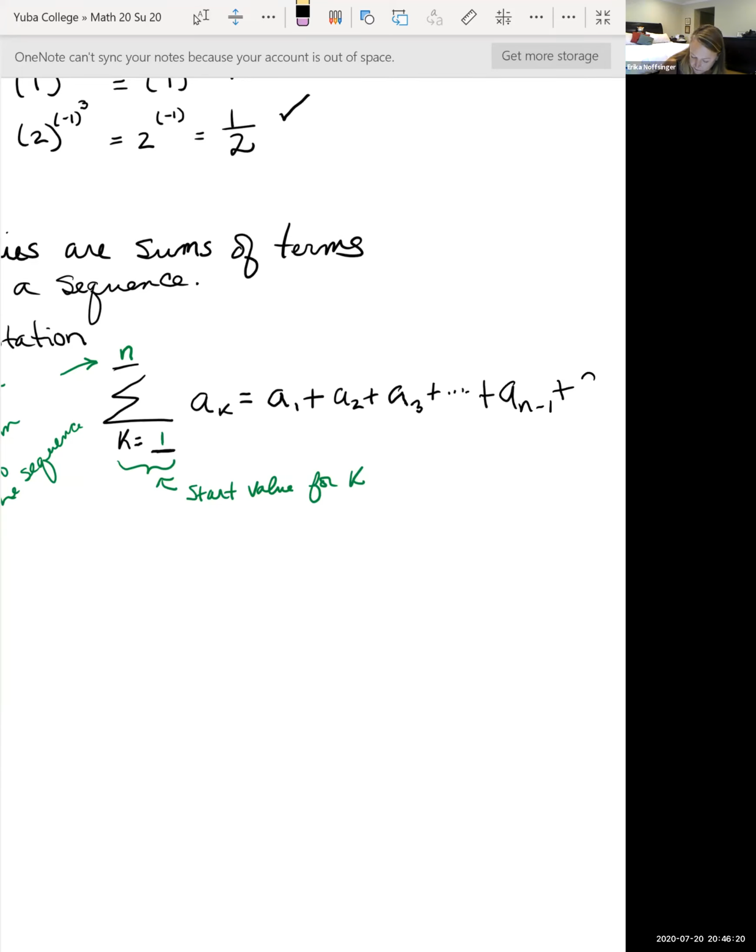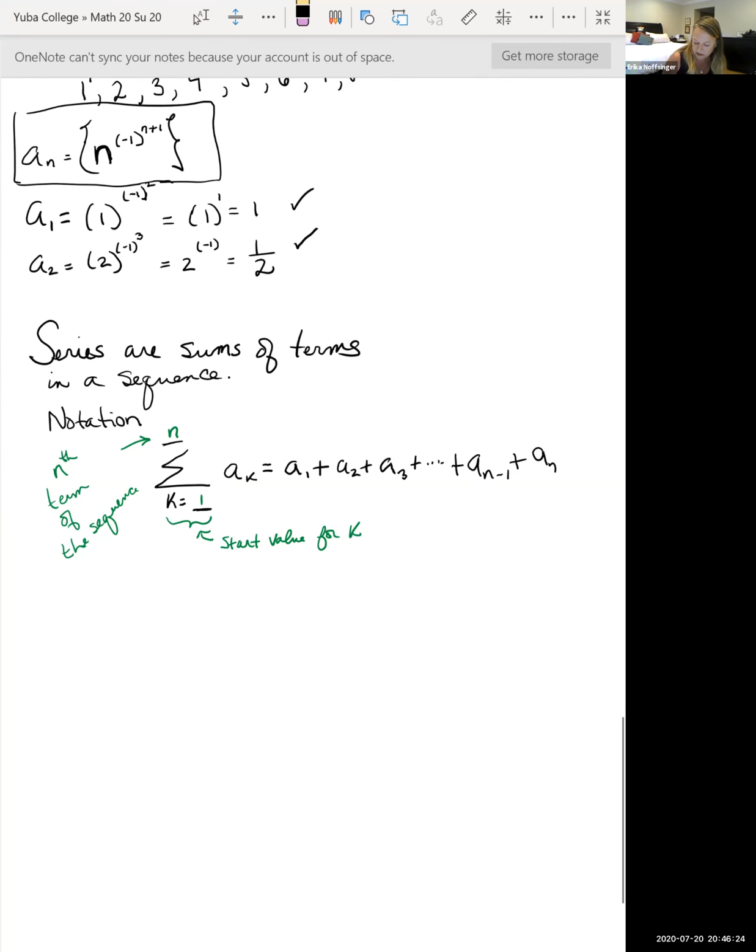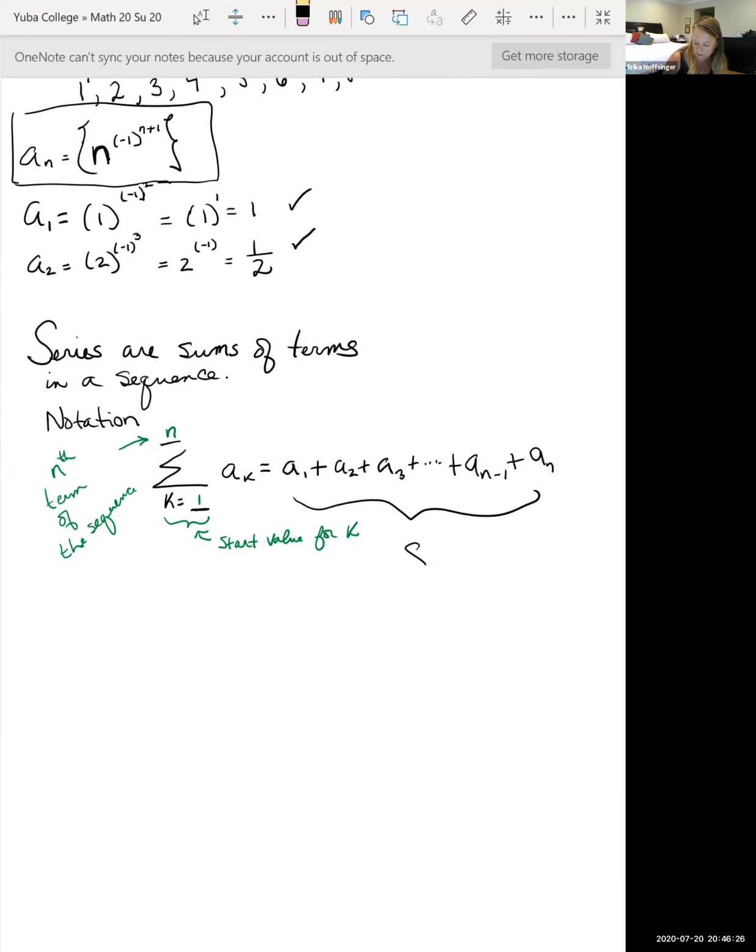Plus a sub n. So summing the first n terms of the sequence.